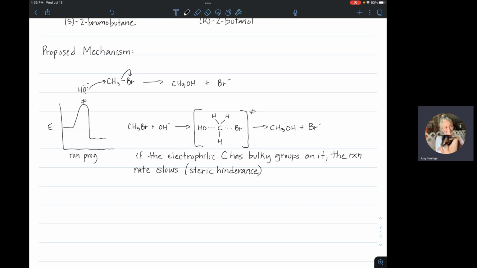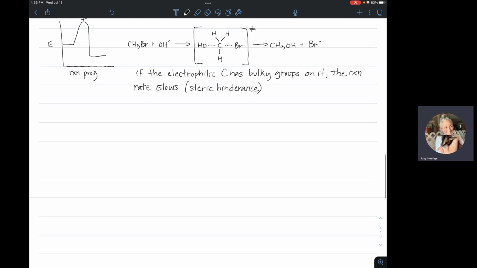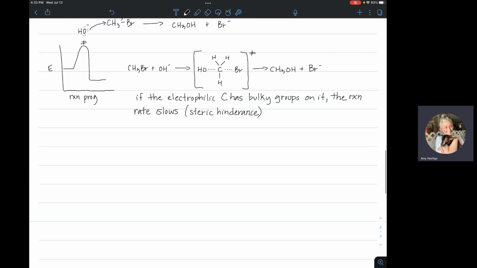In that case, you've got that carbon bonded to three other R groups plus your leaving group, and the nucleophile can't even get in there and attack the carbon. So experimentally, we find that the SN2 process does not occur. It doesn't mean a substitution reaction does not occur on a tertiary alkyl halide. It just means that it may undergo a different mechanistic pathway, that's all.